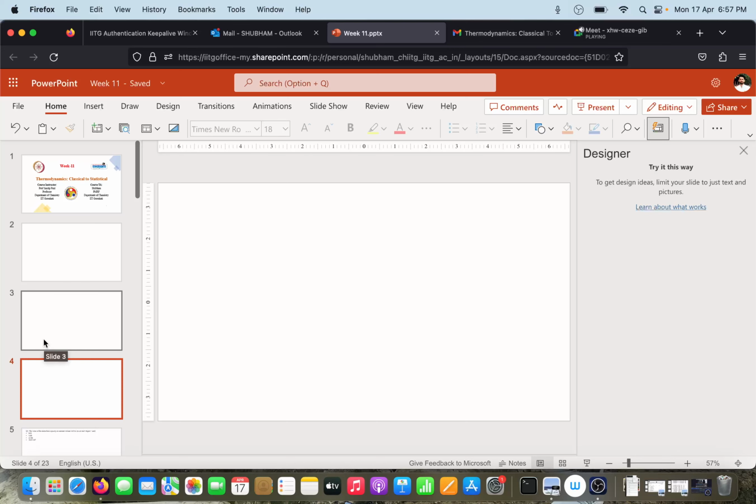Okay, so we can also do it with the degree of freedom formula, that is F is equal to C minus P plus 2, and since we have restricted one degree of freedom, this is F equal to C minus P plus 1, the reduced degree of freedom.